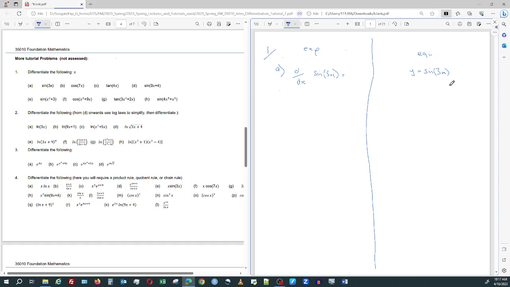So for the chain we need to let u equal 3x and leave it in its notation. Rewrite this in terms of u.